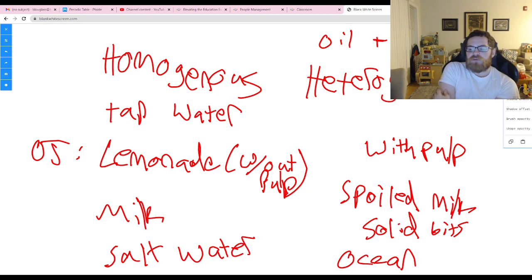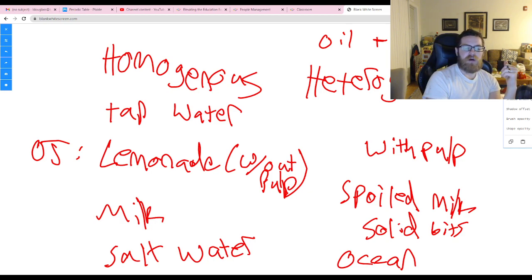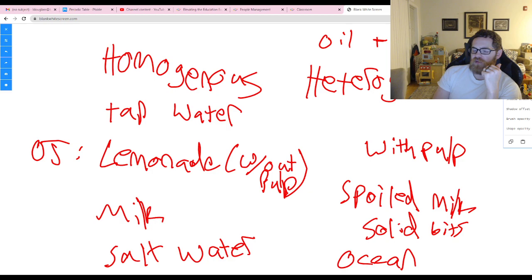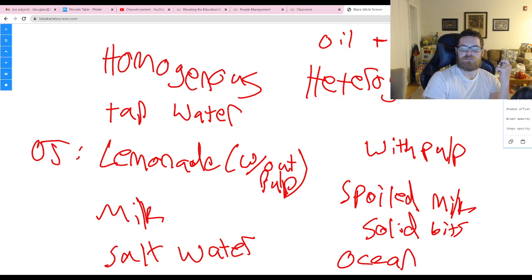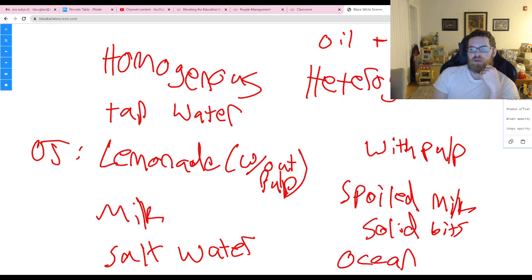And the ocean really is one giant mixture. We can see different parts in it. We have the salt water, but we can also see fish, bits of waste, unfortunately sometimes trash, bits of seaweed and other sea plants, and all of the other things you might expect to find in the ocean. So the ocean is heterogeneous, even though salt water is homogeneous.